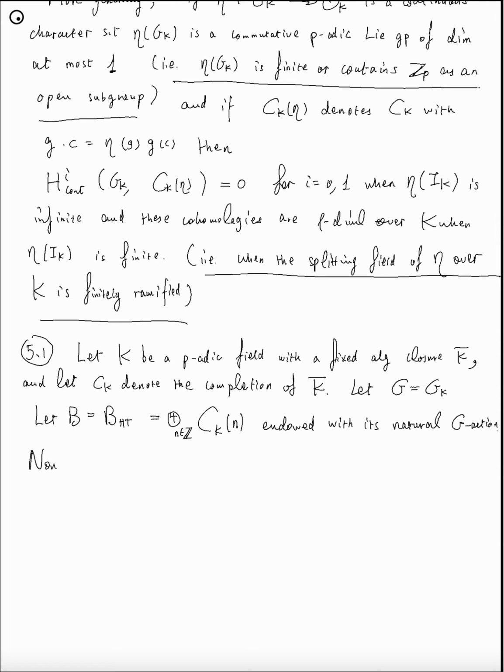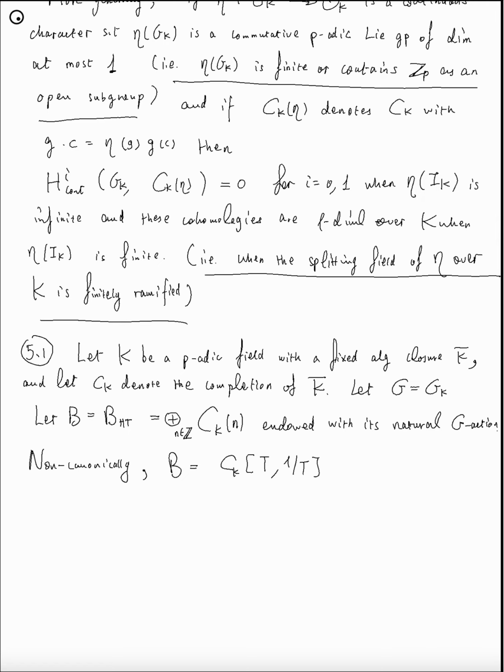So non-canonically, this ring could be regarded as a polynomial ring over C_K in T, so this T corresponds to the twist, the small t.